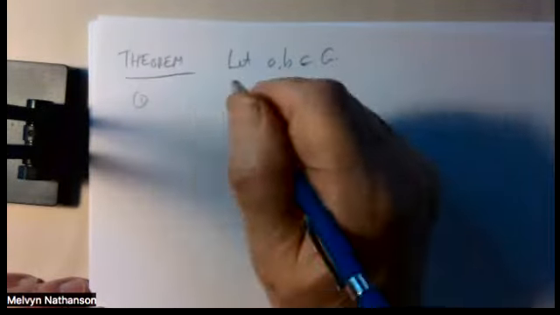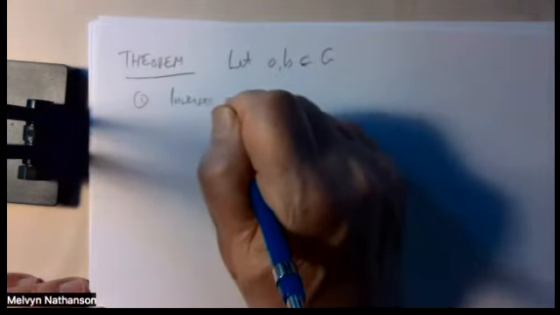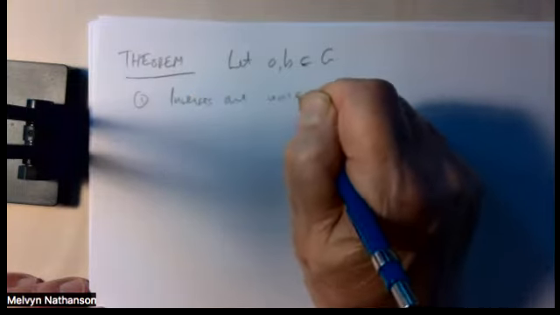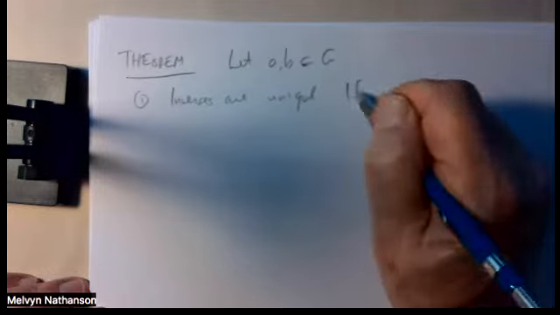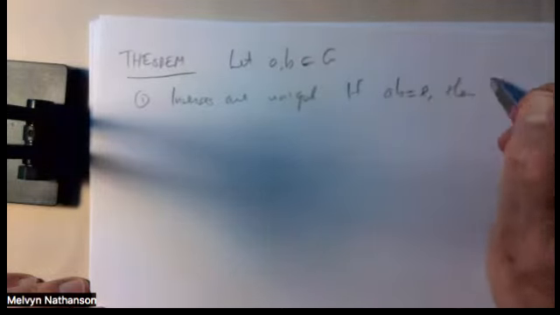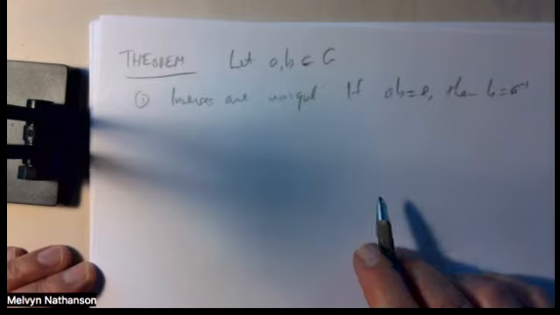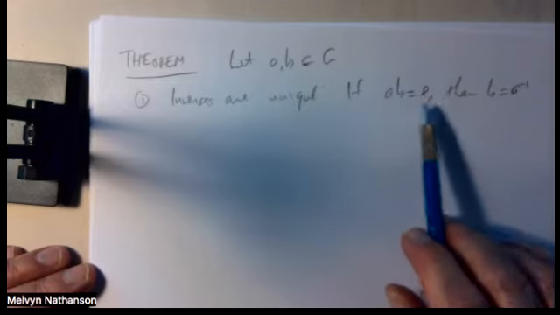The first statement says that inverses are unique. What that means is that if AB equals the identity, then B is the element A inverse that is part of the definition of a group. So why is this?